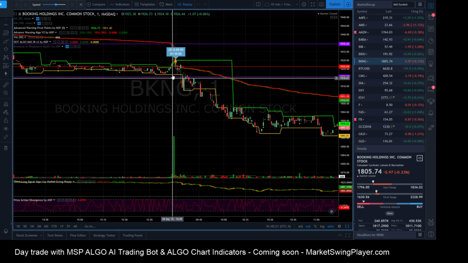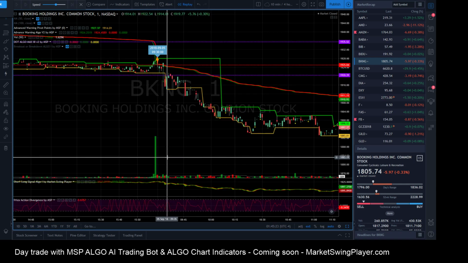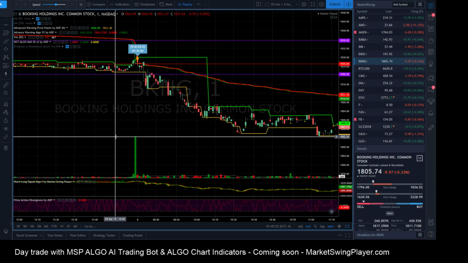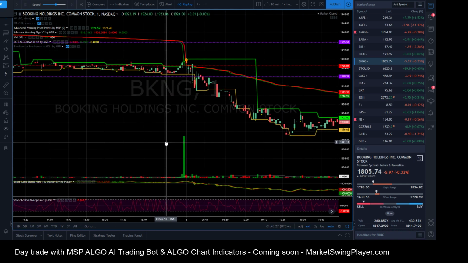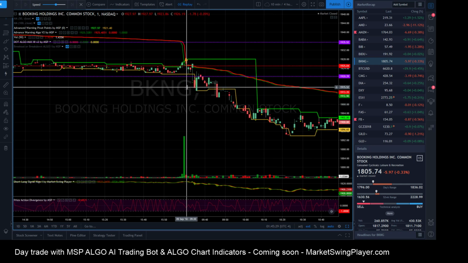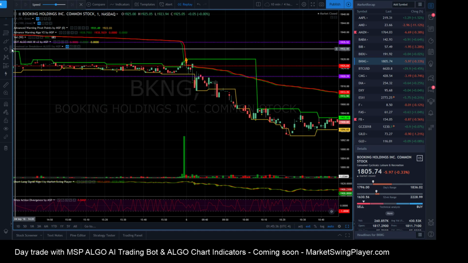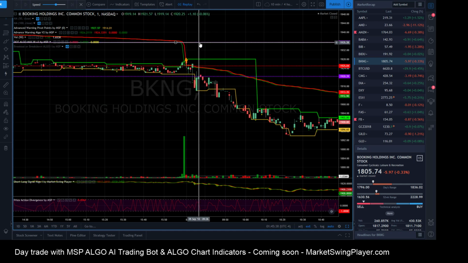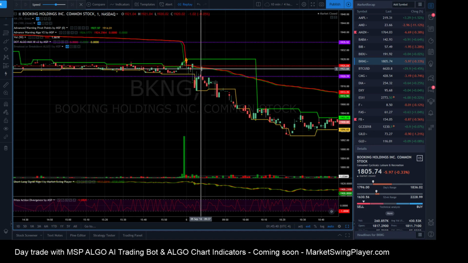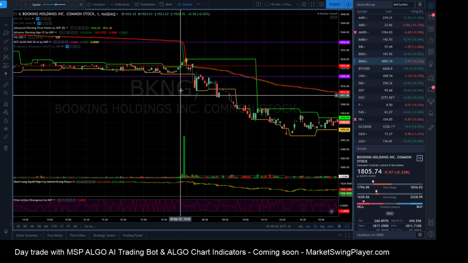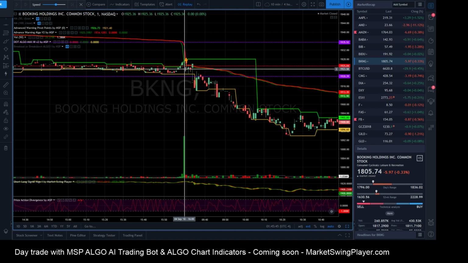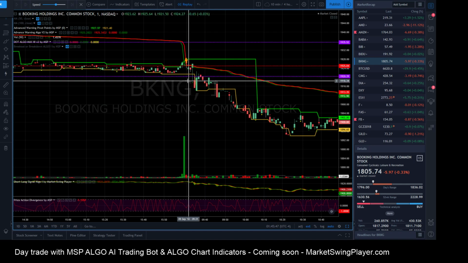Okay, so let's blow this up a little bit. The market opened up and we had a measure move alert. We could see our range algo and reversal pivot, right?